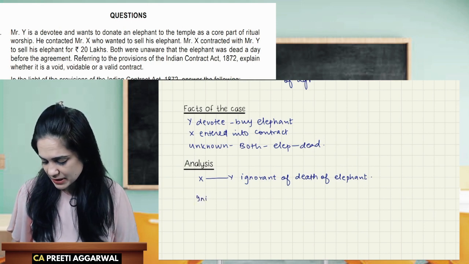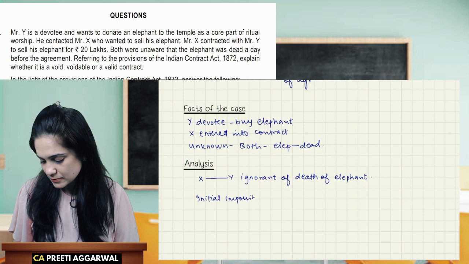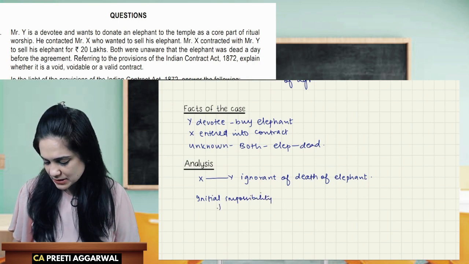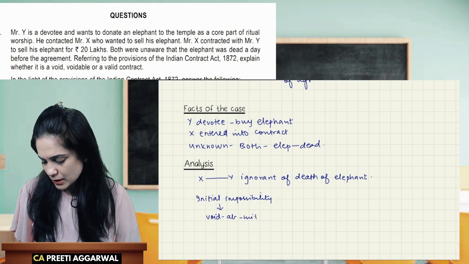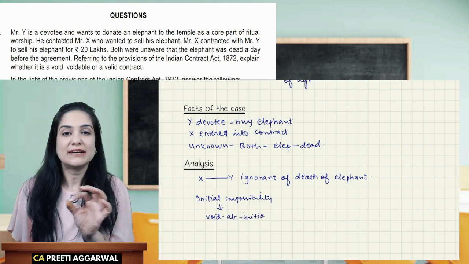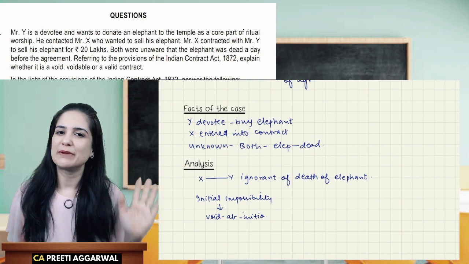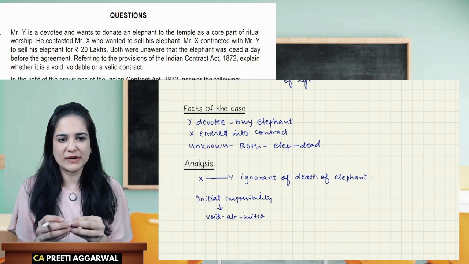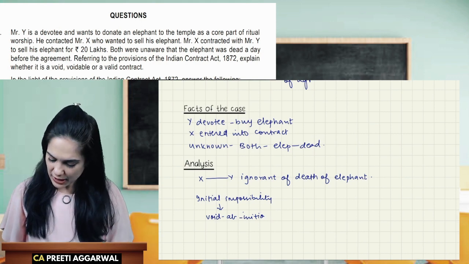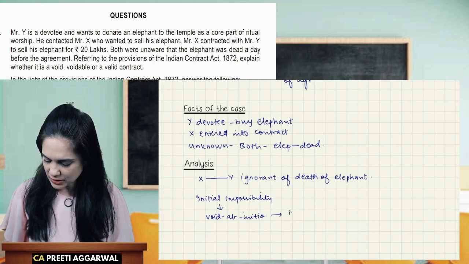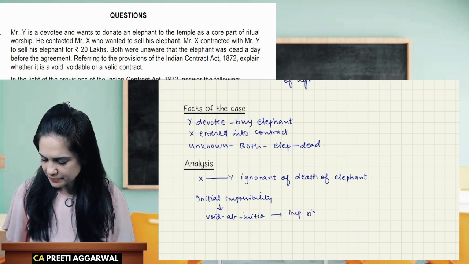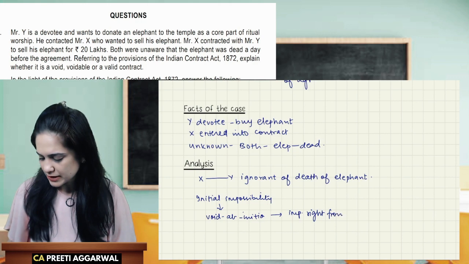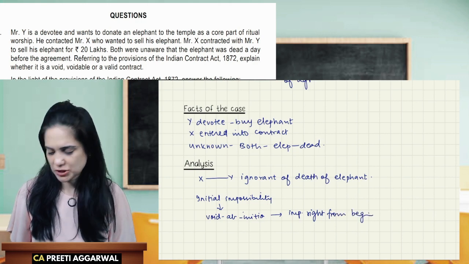This is nothing but initial impossibility, which makes the contract void ab initio. So you can say that the contract is discharged due to impossibility of performance. The agreement is void ab initio. It is impossible right from the beginning. So parties are discharged.